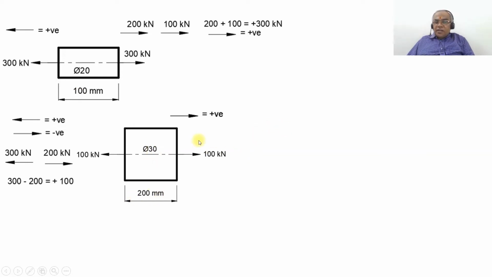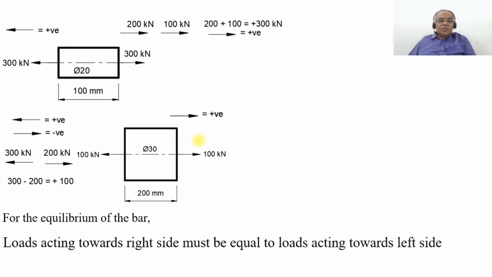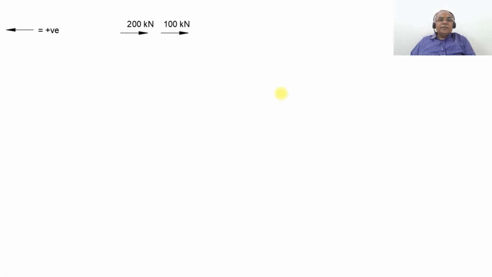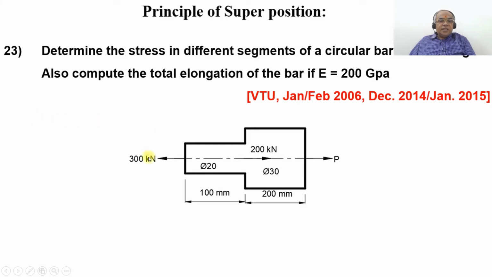Since we have analyzed the free body diagram of both the segments, now we will try to solve the problem. For equilibrium of the bar, what is the consideration? The load acting towards the right side must be equal to the load acting towards the left side. What is the load acting towards the left side? 200 plus P, because both are acting towards the same side.